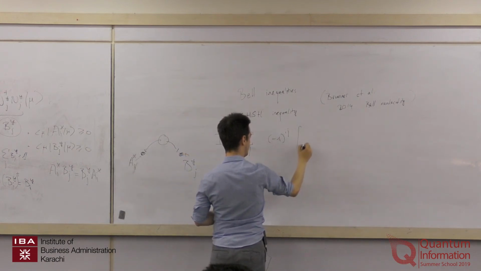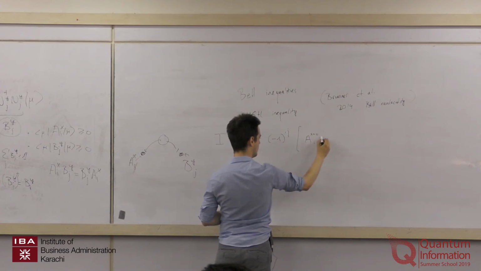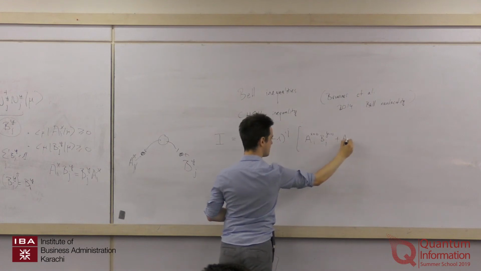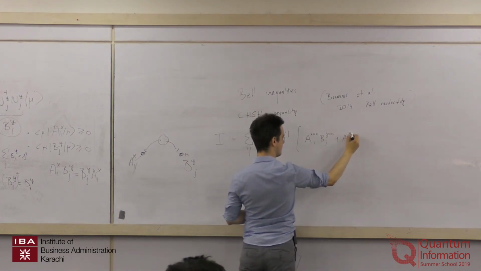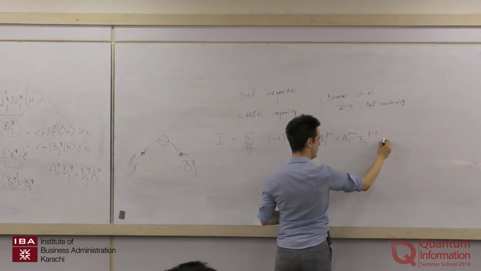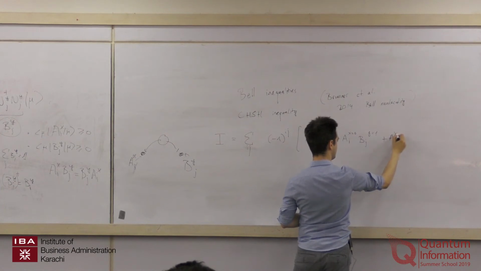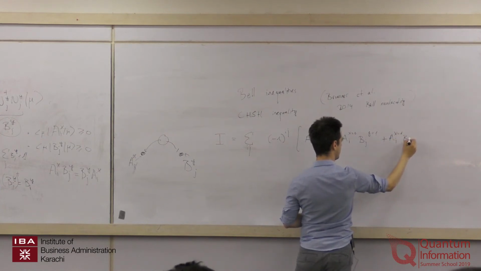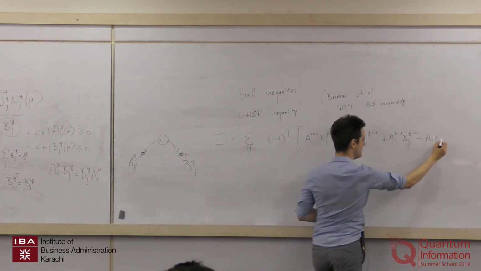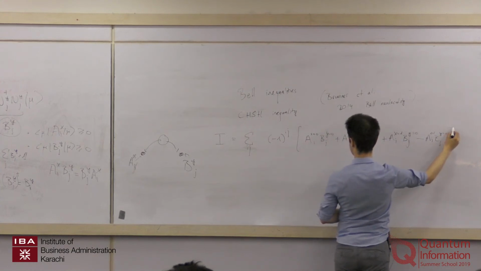And I'm looking at A_{i|x=0} B_{j|y=0} plus A_{i|x=0} B_{j|y=1} plus, and I'll tell you in a minute what this corresponds to, A_{i|x=1} B_{j|y=0} minus A_{i|x=1} B_{j|y=1}.